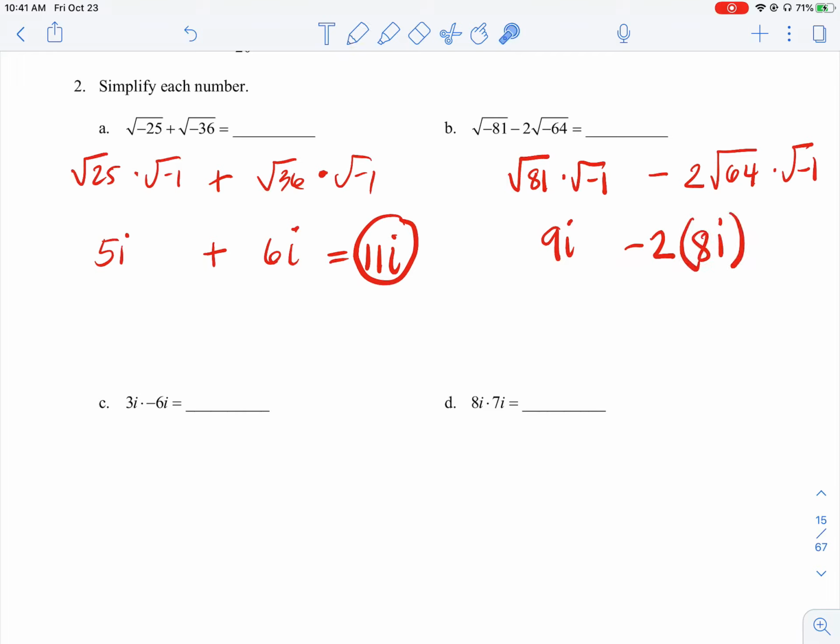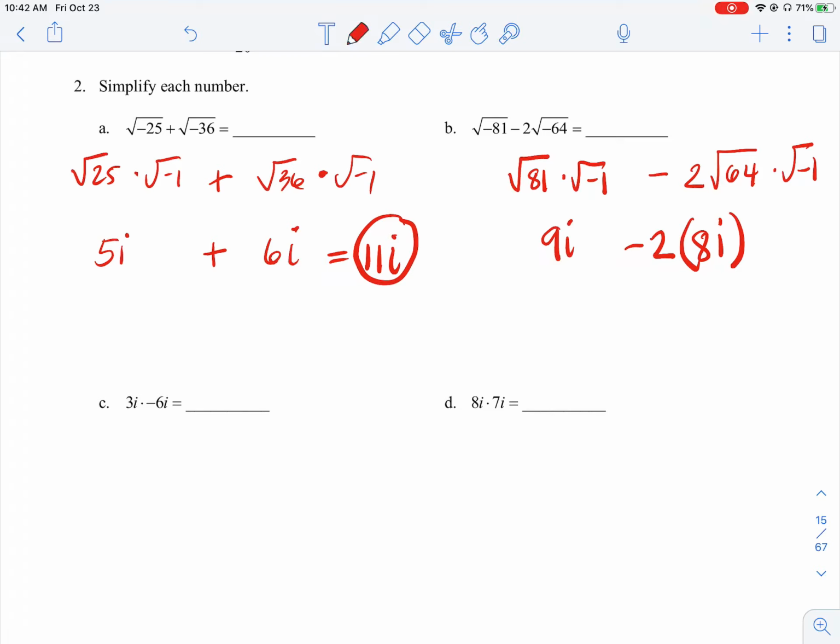And a lot of students make this mistake. You know how the 2 is right there before the radical? This means multiplying, correct? So whatever that answer is gets multiplied by 2. And that's the reason why I am multiplying both of them. And do not forget your PEMDAS, right? Parenthesis, exponent, multiply. So you multiply first before you subtract.